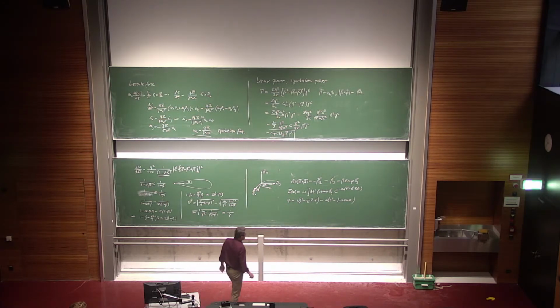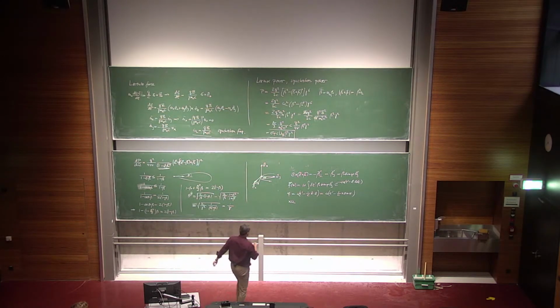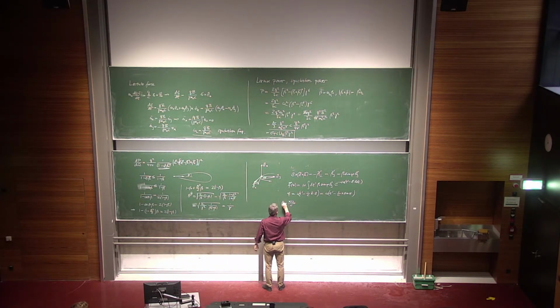All right, now we need to establish a relation between the time t prime that we have to integrate over and the angle phi that we have to use to parameterize the integrand. But this is easy, because we know that x times the Larmor frequency, where x is now the radius of the electron's orbit, times the Larmor frequency, that's the electron's velocity, divided by c, this is beta.